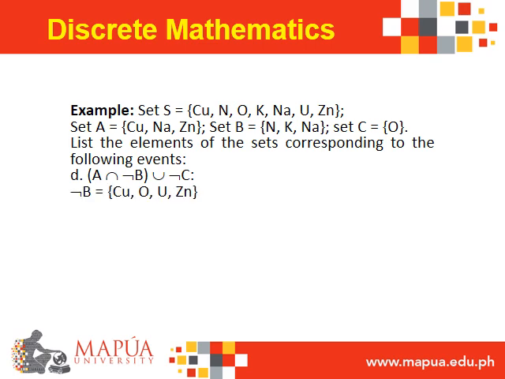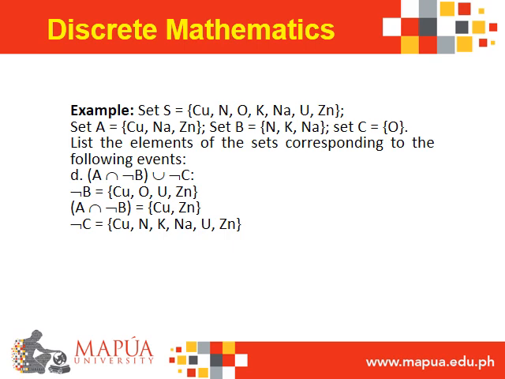So in this case, we first evaluate the complement of B, which comprises copper, oxygen, uranium, and zinc. And then afterwards, we evaluate A intersection the complement of B, which gives us copper and zinc.